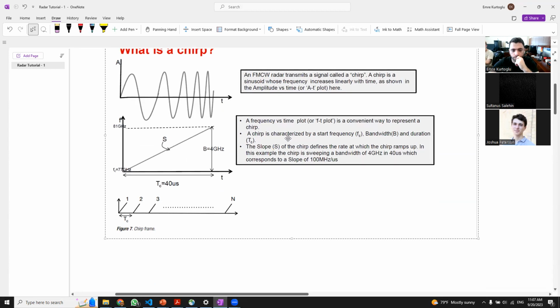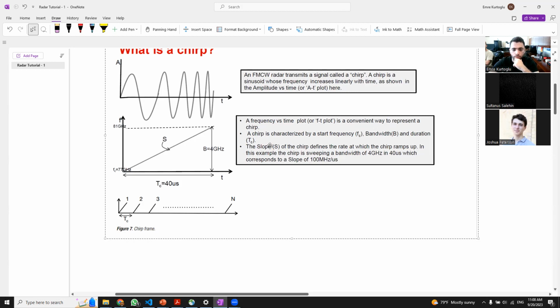A chirp is characterized by a start frequency FC and the bandwidth. Bandwidth is the frequency difference between the starting and the ending of a chirp. Here in this case, it starts at 77 gigahertz and it increases up to 81 gigahertz, so the bandwidth becomes 4 gigahertz.